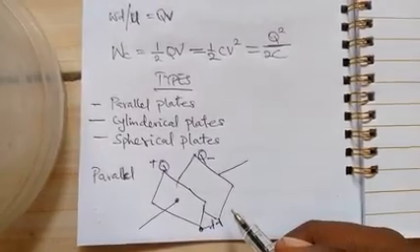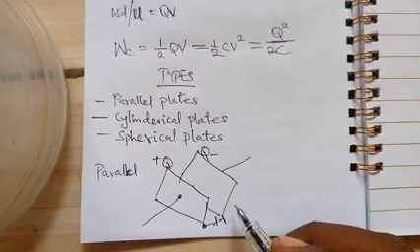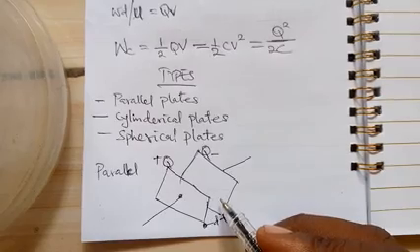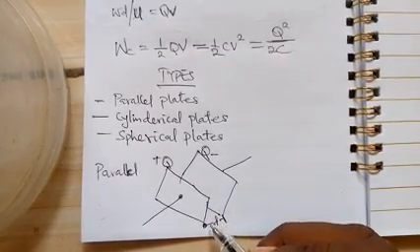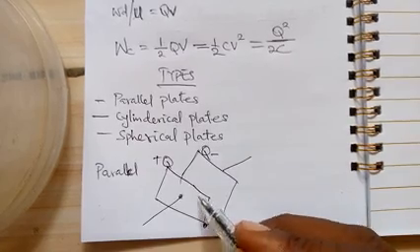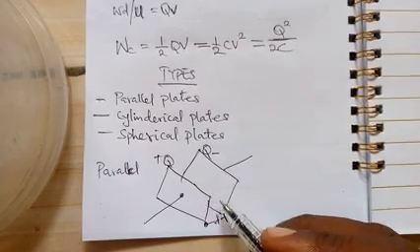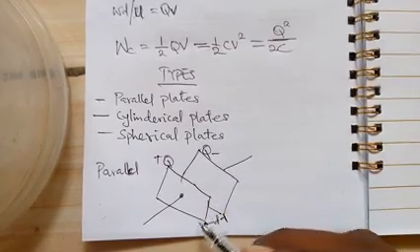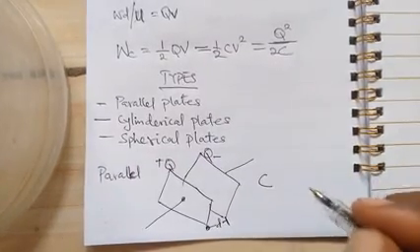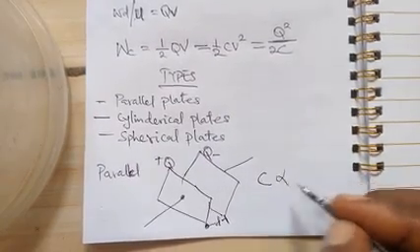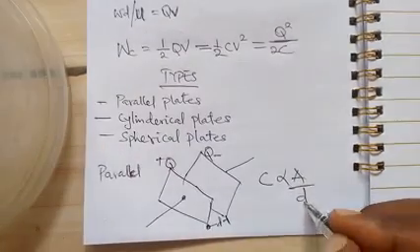Now you need to also understand that the capacitance of a parallel plate capacitor is proportional to the plate area and inversely proportional to the plate distance. What that means is that the more the area of the plate, the more capacitance it will have. But the wider the distance, the lesser the capacitance. So we can write that mathematically and say C is directly proportional to A, but inversely proportional to D, area, distance.